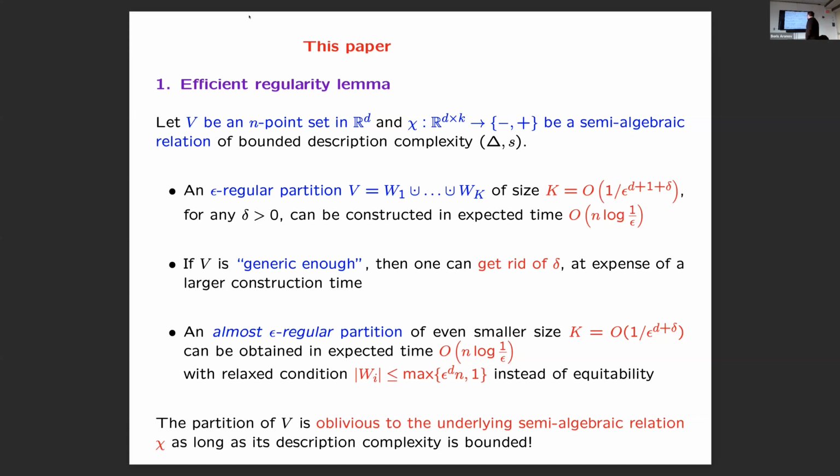But what is truly interesting, and I think it will have important implications for a variety of geometric problems, is that the partition, unlike its predecessors, does not depend on the underlying semi-algebraic relation, as long as you have fixed a certain bound on the number of polynomial inequalities and on the degree of those inequalities.